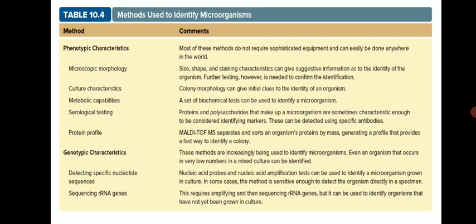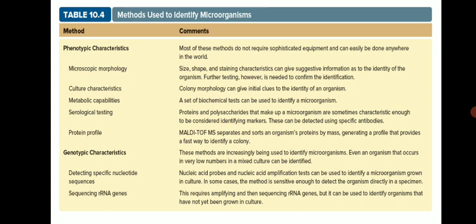Then cultural characteristics: colony morphology tells more about that particular species of bacteria, because colony morphology is different for different organisms, and it gives essentially clues to identify an organism.